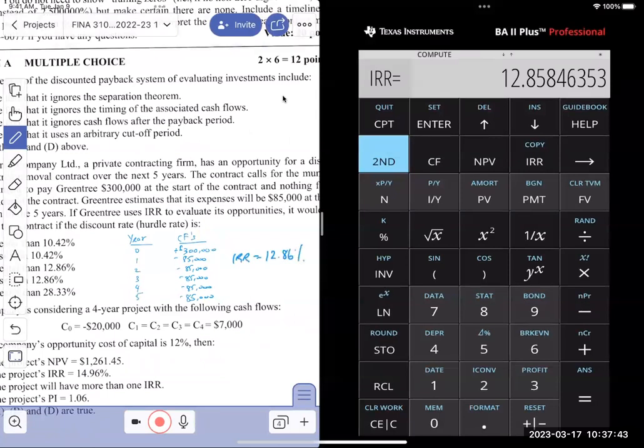So I explained before that this is like a borrowing rate, and we want to borrow at a low rate, lower than our discount rate. So this has to be the discount rate, in other words, or the required rate of return. We'll just call it the required rate of return.